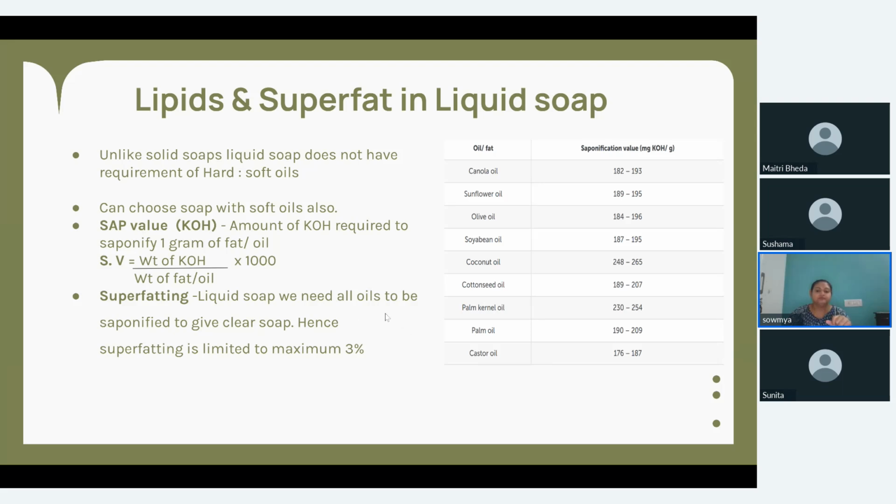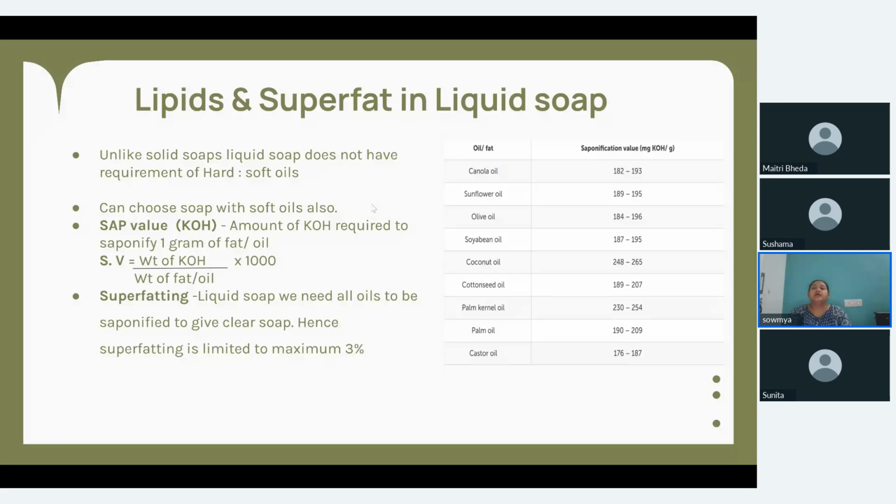And when it comes to superfatting your liquid soaps, you don't superfat them the way you do cold process or hot process soap, because we need to minimize the cloudiness. All the oils that we are adding, both fragrances and essential oils, plus our soap making oils, we want them to be completely saponified by the potassium hydroxide.